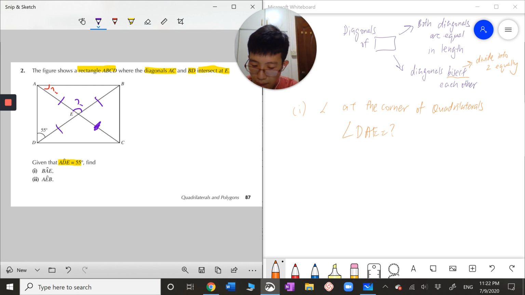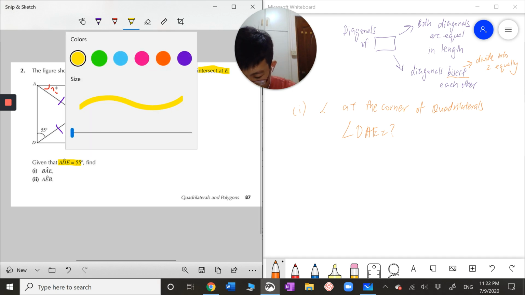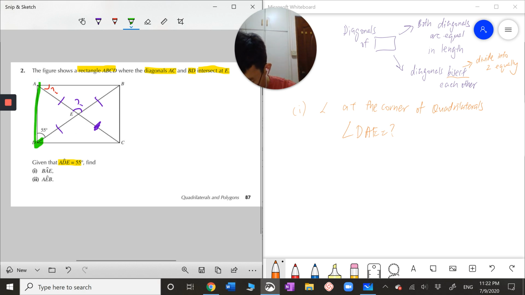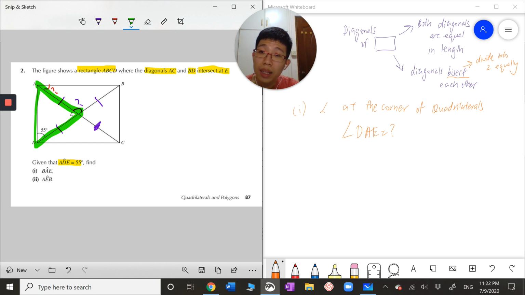So in this case, I can actually see an isosceles triangle. Let me use a highlighter to highlight for you. So this triangle over here, AED, is actually an isosceles triangle, because when two sides are equal, it will be an isosceles triangle.